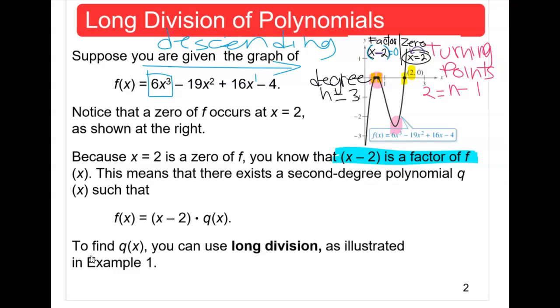If we start with degree 3 and we subtract 1 from the factor, then there is another polynomial that will be of second degree, such that we could multiply x minus 2 times that polynomial.